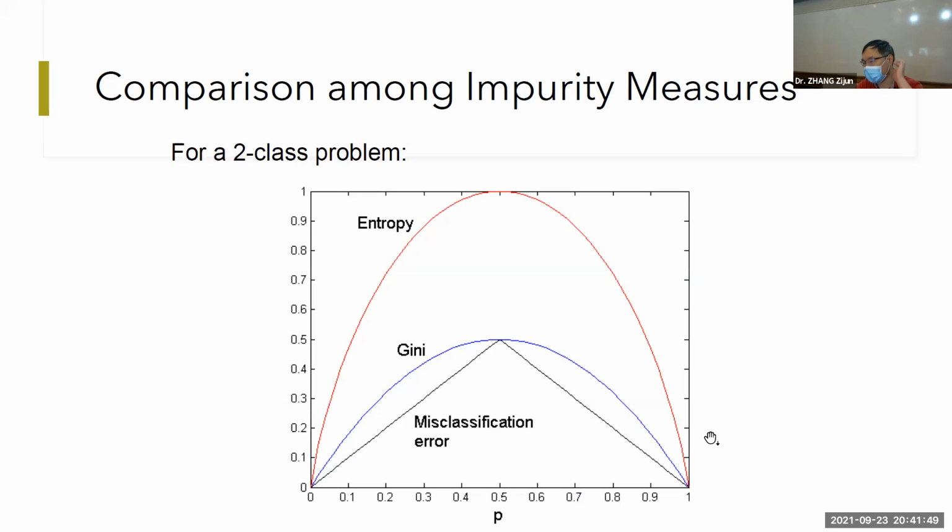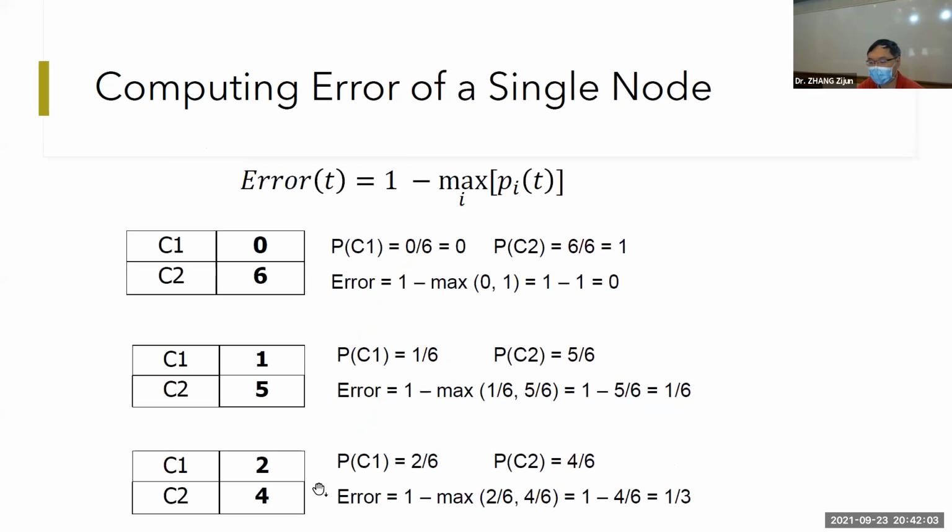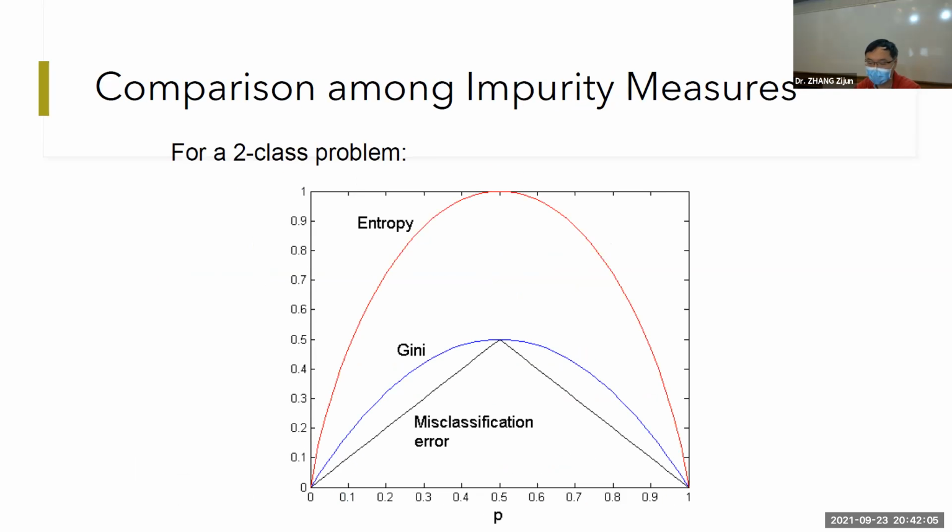Then what is the difference between the 3 impurity measures? You can see that if we consider misclassification error, the impurity increases kind of linearly with the frequency. That means it is not distinguishable enough.